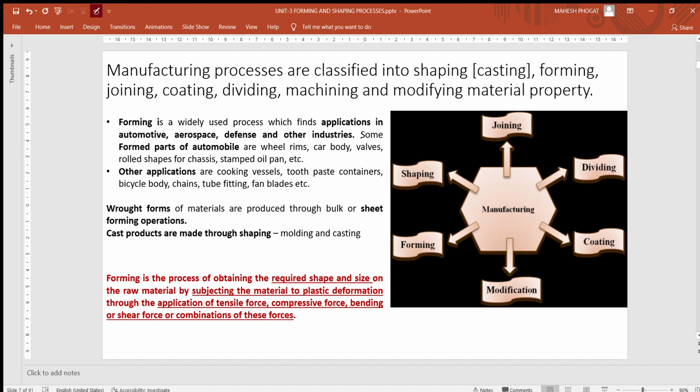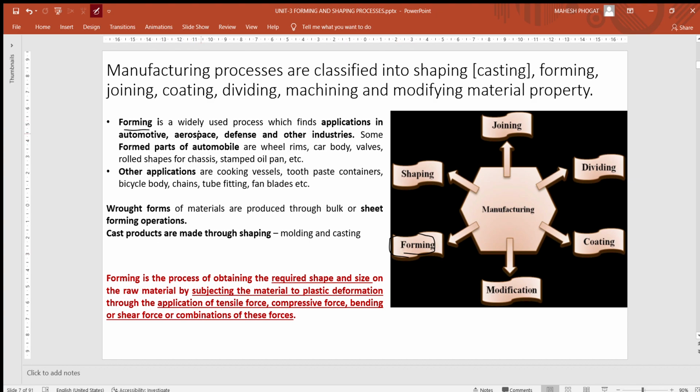Just for an example here, what are the formed parts? Forming is one of the manufacturing processes which we will be targeting here because our subject topic is about forming. So that's why we are concentrating more here.